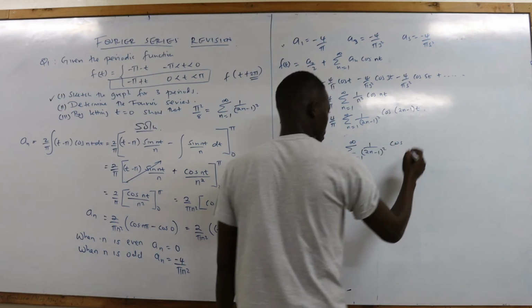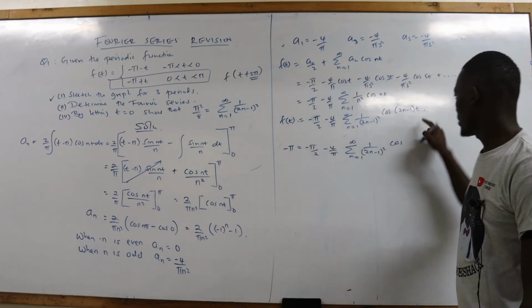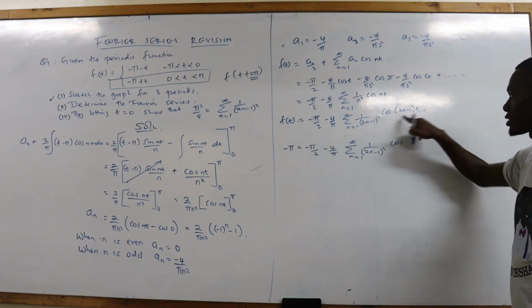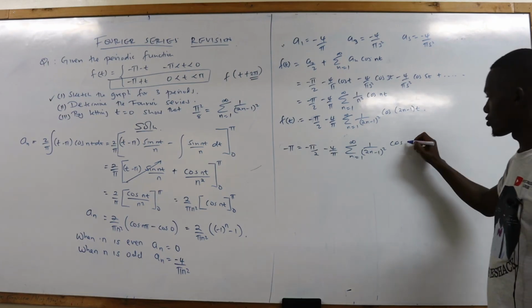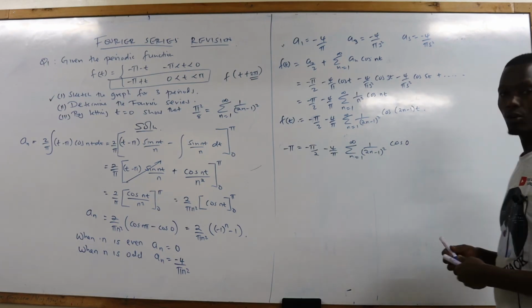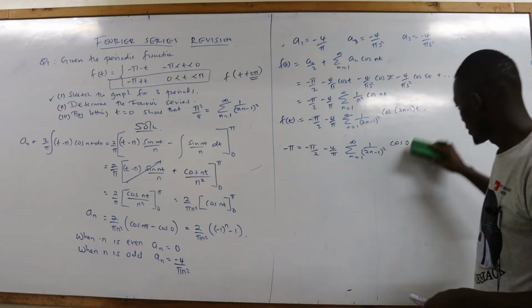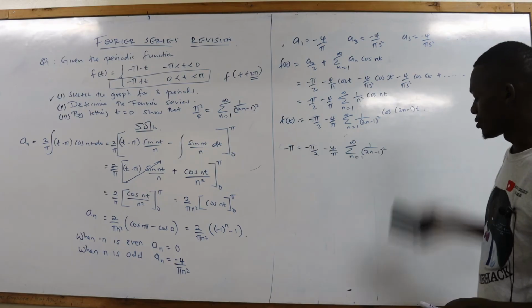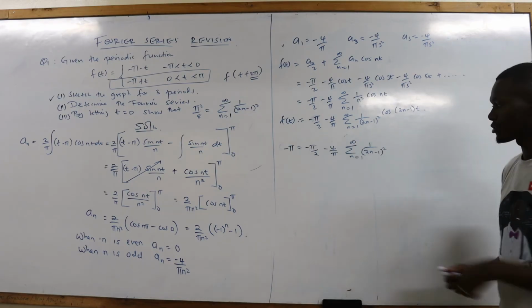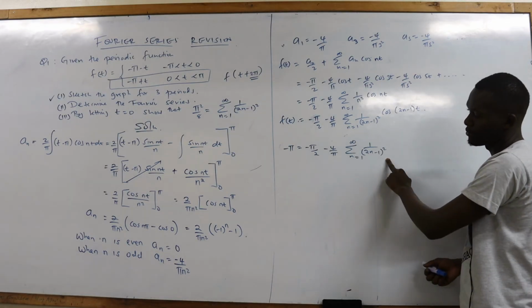Then you have cos. Now I replace t being 0. 0 times the whole of this value becomes 0. But what is the cos of 0? Cos of 0 is 1. So if this value is 1, therefore this value goes, because the cosine of 0 is 1. So I shall remain with this value.